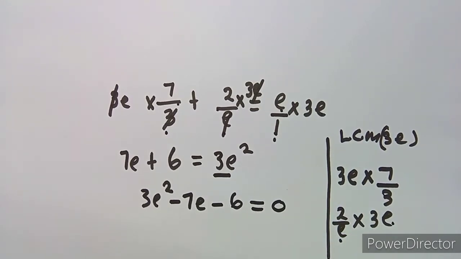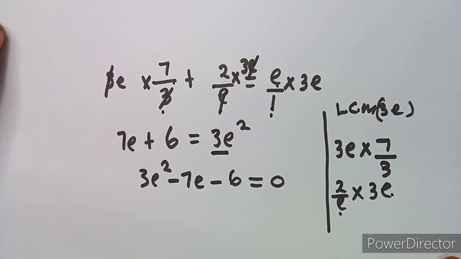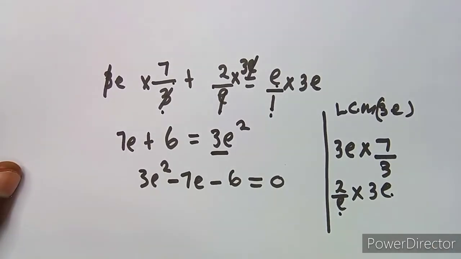Okay, so that's it. Back to the normal story, factorization, but this time we do not have that condition where this was a 1. This is now a 3. So we have to apply the normal factorization, or you can just apply the quadratic formula. Most of us are used to the quadratic formula, but if it is paper 1, you don't have the option. You have to use factorization, where you multiply the first term and the last term.